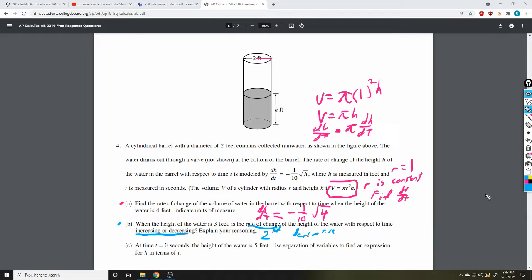Then for part C, here's that initial condition, and it's asking you to use separation of variables. So here's dH dt. And so your first step should be to separate out the variables. Move the dt over to the right, move the square root of h over onto the left side. Integral, get your plus c, plug in your points, solve for c. I'll show that in just a second.